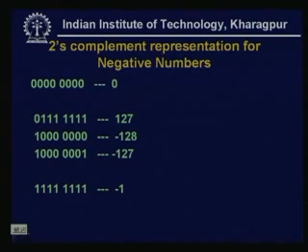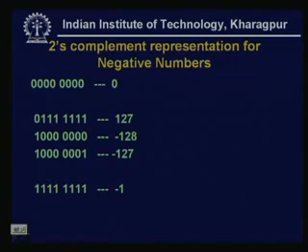Now 10000000 is a 2's complement number, and this is minus 128. 10000001 means minus 127, and all 1s means minus 1.